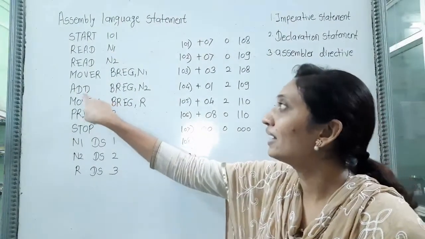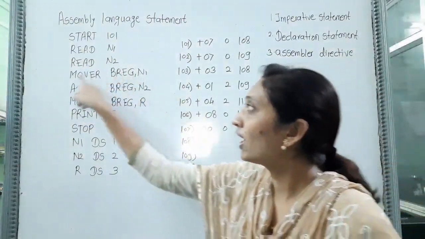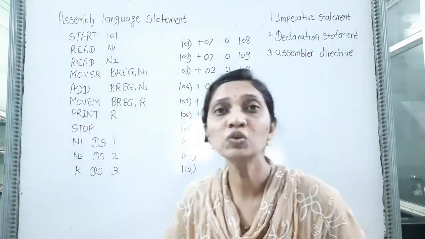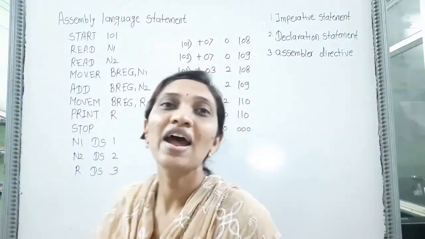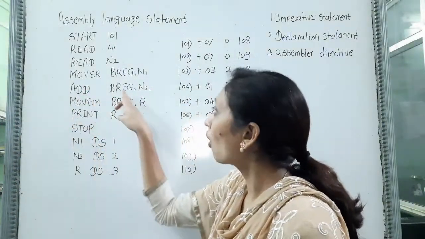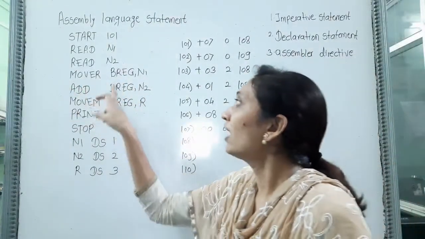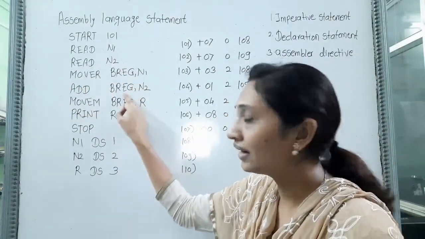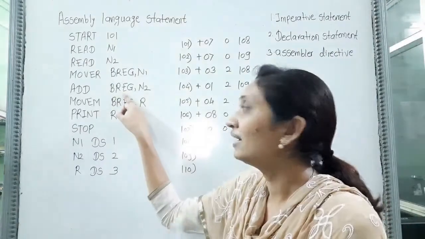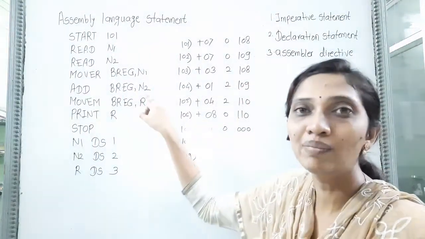Now after that, ADD BREG, N2. ADD is used for addition. It indicates the addition of the content of the BREG register and the value present in the variable N2.